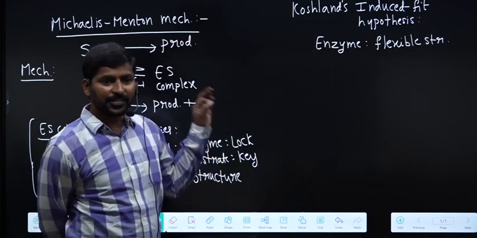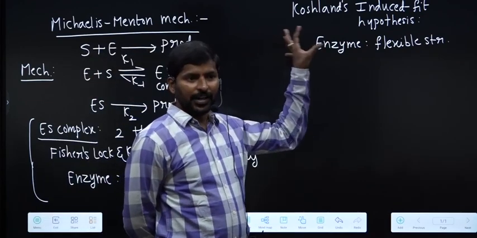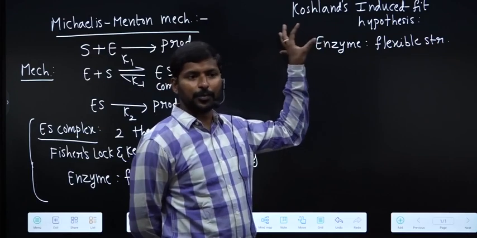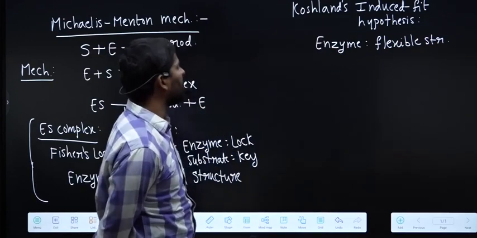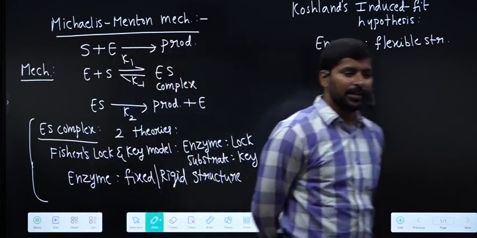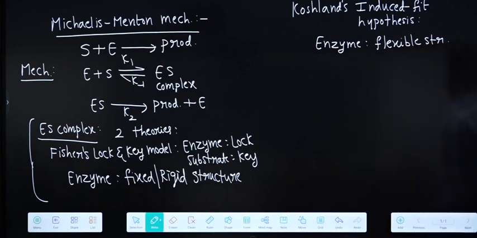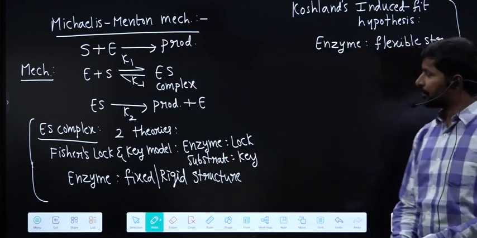That means its structure may change according to the shape of the substrate. So during binding, or during formation of enzyme substrate complex, the shape of the enzyme may change. That is Koshland's induced fit hypothesis. These are the two theories which explain the formation of enzyme substrate complex.